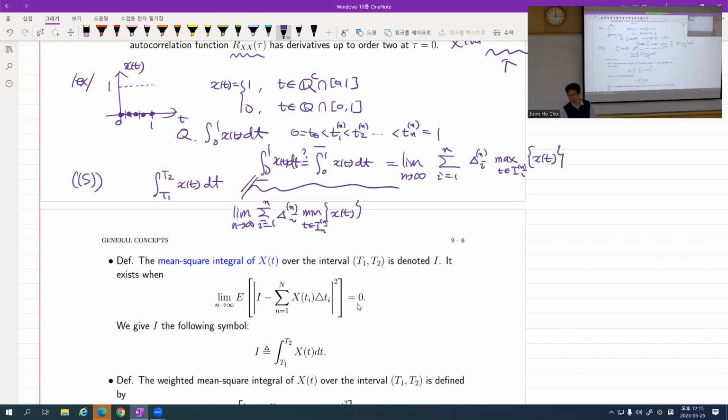As I told you, in our high school math there is no definition of limit, so how can we precisely define the Riemann integral? That was our unfortunate curriculum. Anyway, the Riemann integral exists if the upper Riemann integral and lower Riemann integral both exist and are the same.